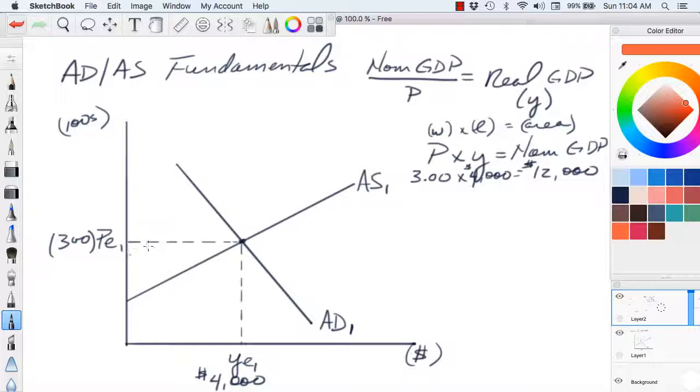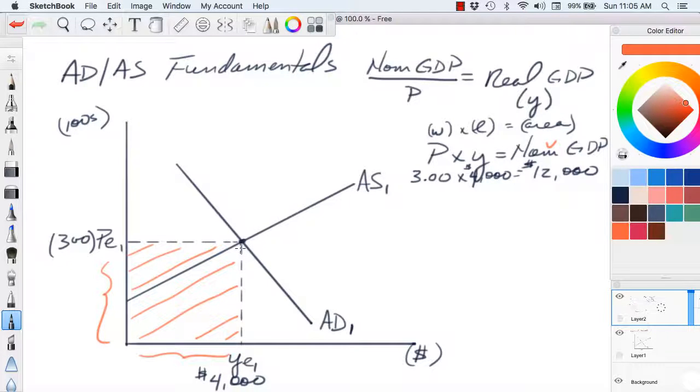This orange rectangle right here. That rectangle represents nominal GDP. You go, how so? Well, the width of that is the price level. Here's the width of it. The length of it is real GDP, which means the area has to be nominal GDP.